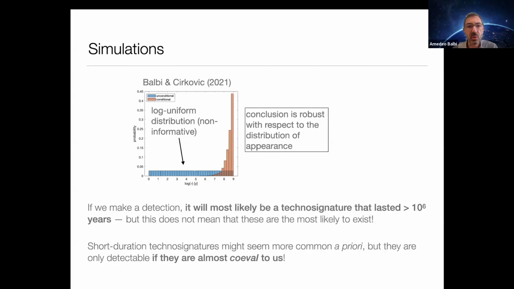Whether this is plausible or not, we don't know. But the main result, which is very robust and essentially independent of the overall assumptions, is that one tends to preferentially detect long-lived technosignatures.